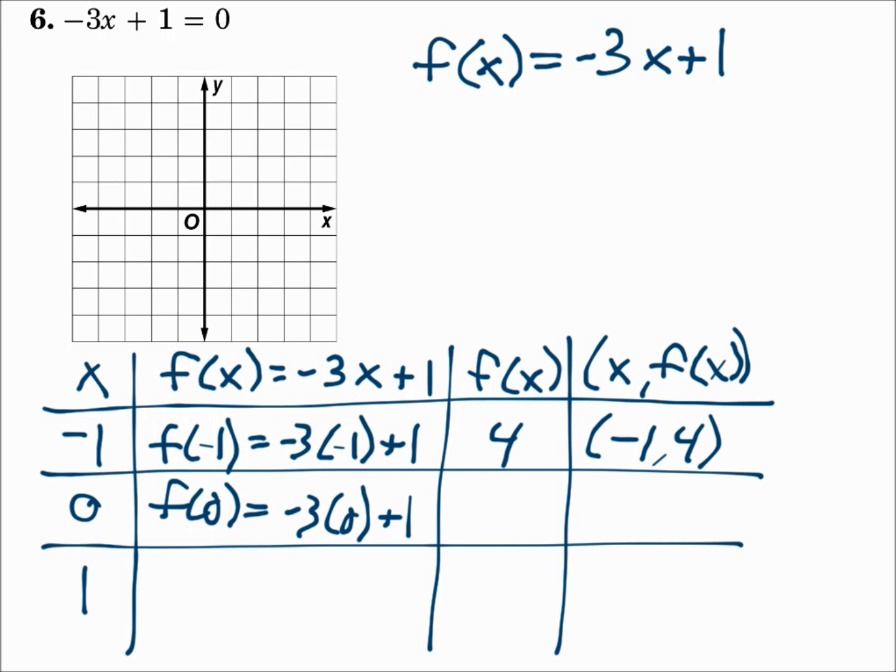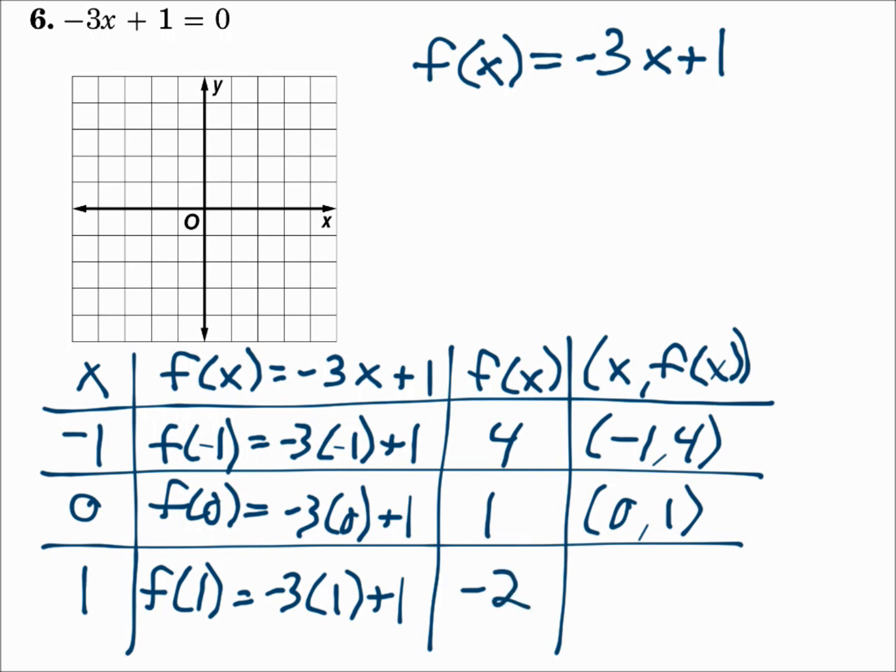Plus 1 is 1. So 0 comma 1 is the next point. When x is 1, f of 1 is negative 3 times 1 plus 1. Negative 3 times 1 is negative 3, and negative 3 plus 1 is negative 2. So you have the point 1 comma negative 2.